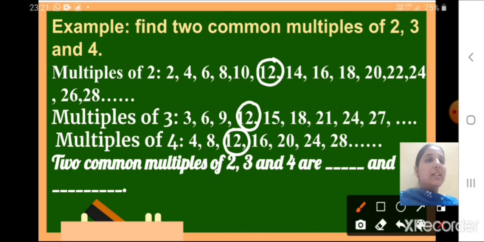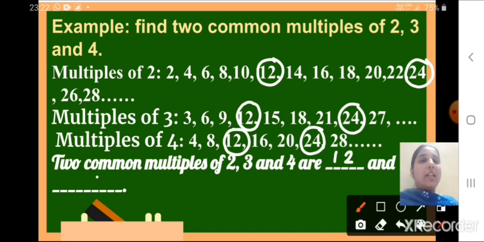Can you find it? That should be common to all the three numbers. So the next common multiple here is number 24. So now we had to find the two common multiples of 2, 3 and 4. So what are the two common multiples here? 12 and 24.